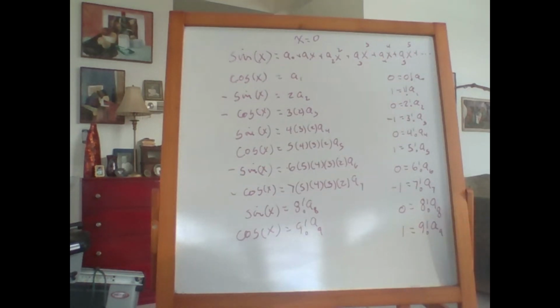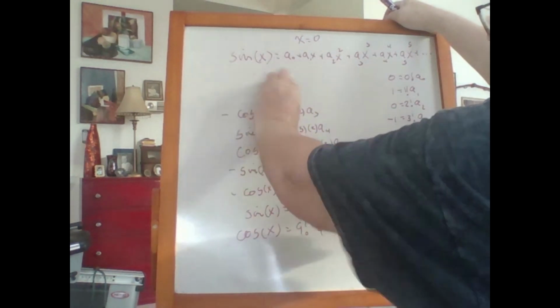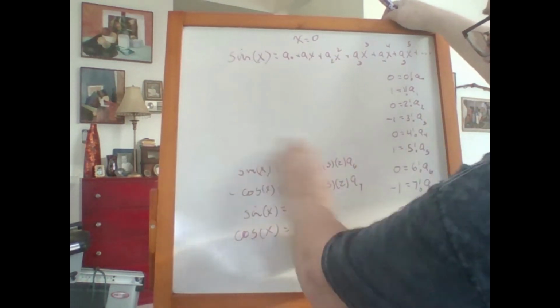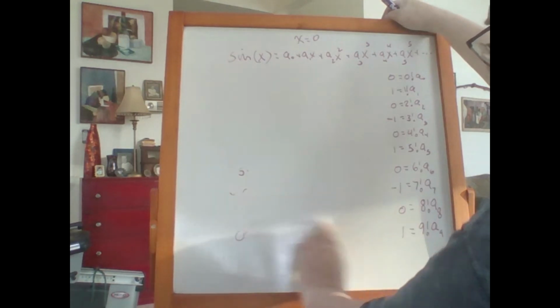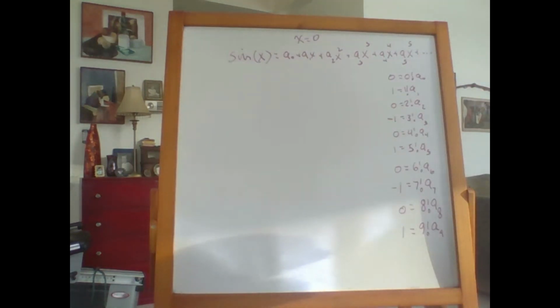Now, we've got our coefficients for the different terms of the infinite series. And as you can see, they're going to be odd.